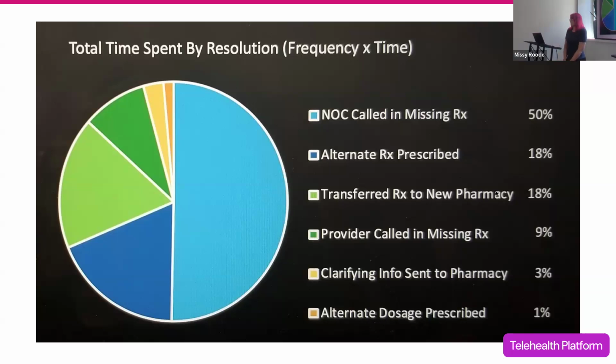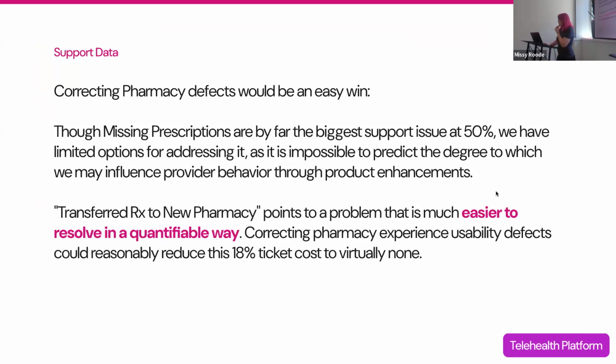Half of the support effort is literally just that issue. But if you take a look at transferred to a new pharmacy, which I pointed out before, it seemed relatively lower, it's still a pretty big chunk. It's 18%. So this is just really helpful in understanding, where is all that support effort actually going? Where do we have the opportunity to reduce it with improvements in the design?